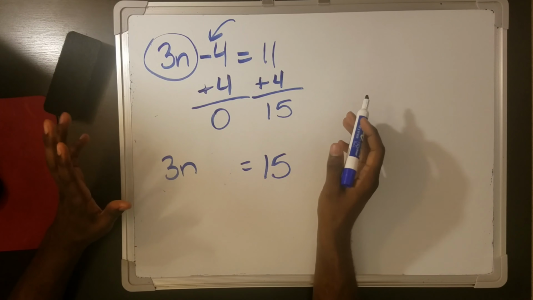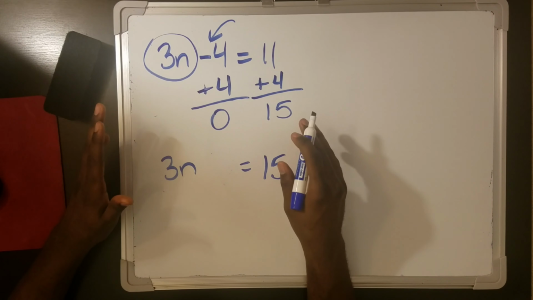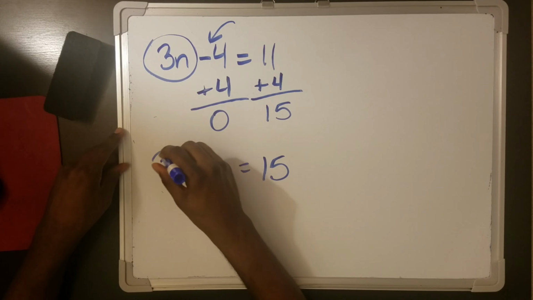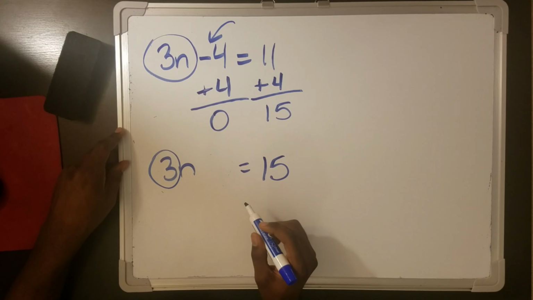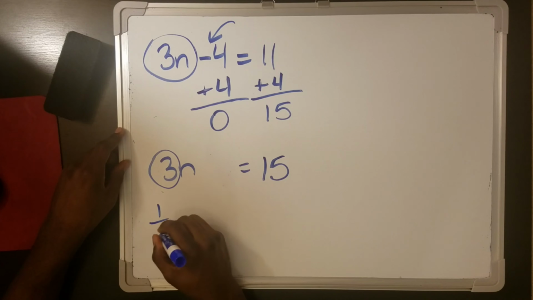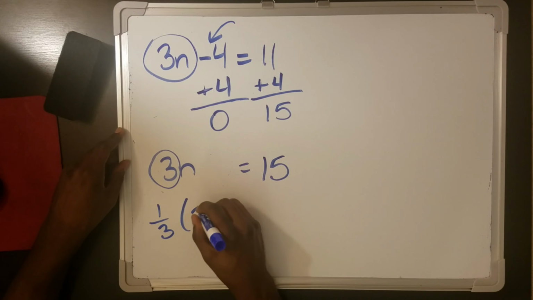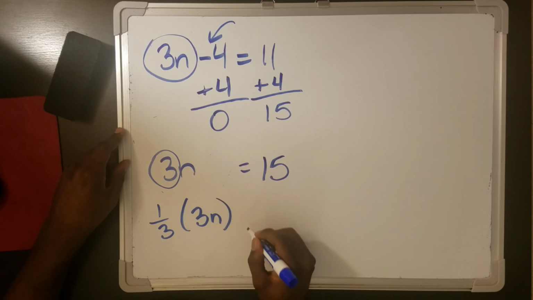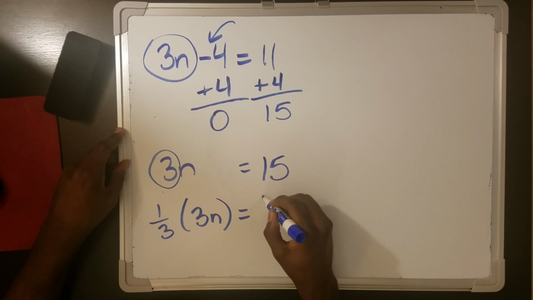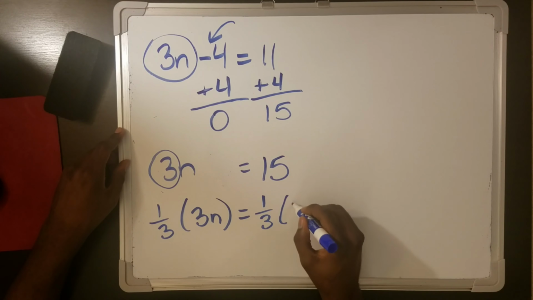But we're going to treat it the same way. If you remember our previous example, we multiplied by the reciprocal. So what's the reciprocal of 3? Perfect. 1/3. And whatever you do to one side, we do to the other. 1/3.